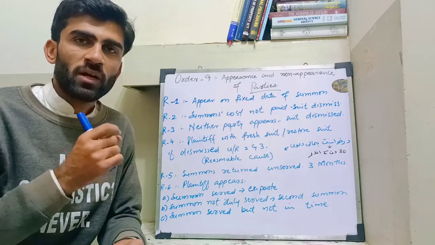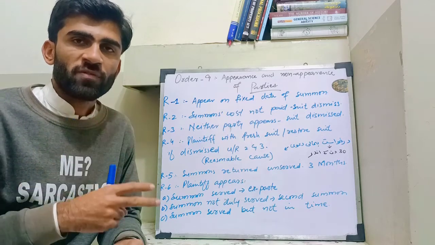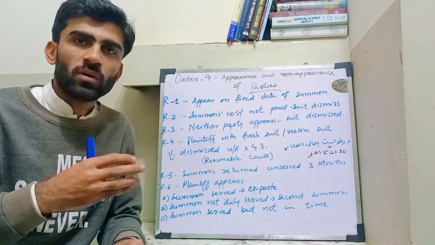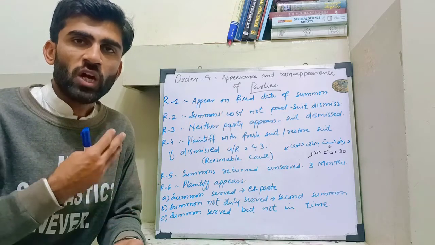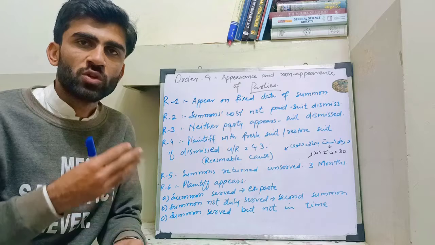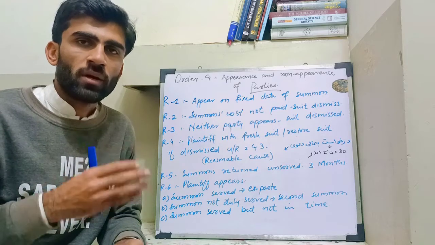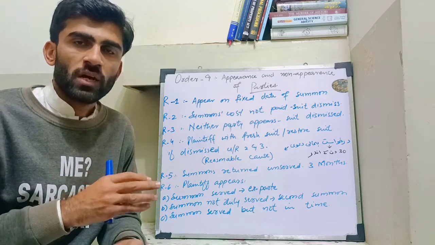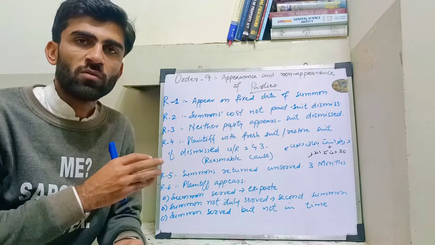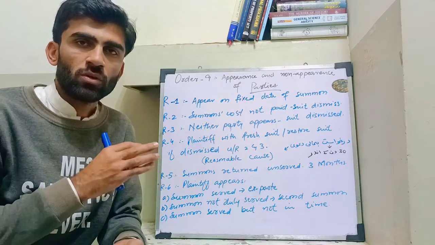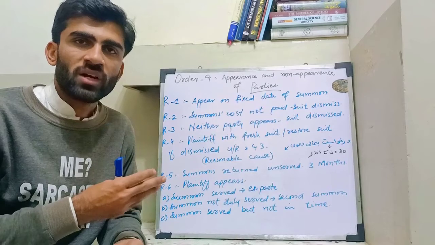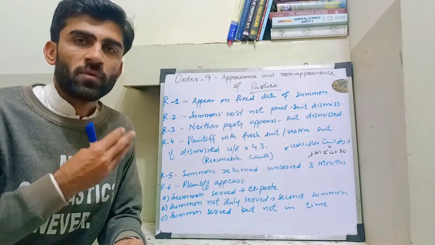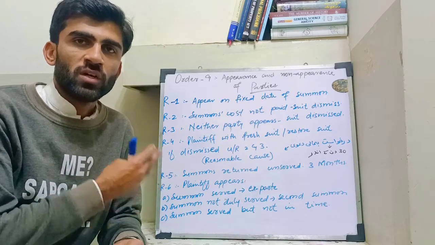There is a difference: if you file a fresh suit, then again you have to follow the same procedure. You have to pay the fees for the summons and do all that process again from the start. But when you restore the suit, you have to start just from the summons. That's why most of the advocates prefer that the plaintiff should restore the suit.